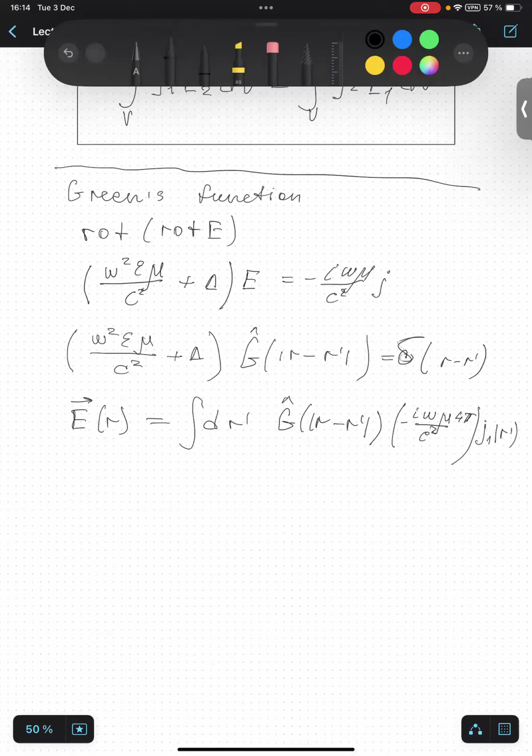What will we obtain? J1 of r, also dr prime, our Green's function of r minus r prime, and J2.